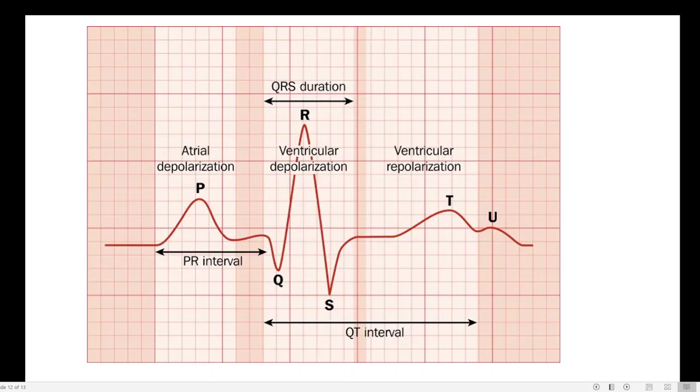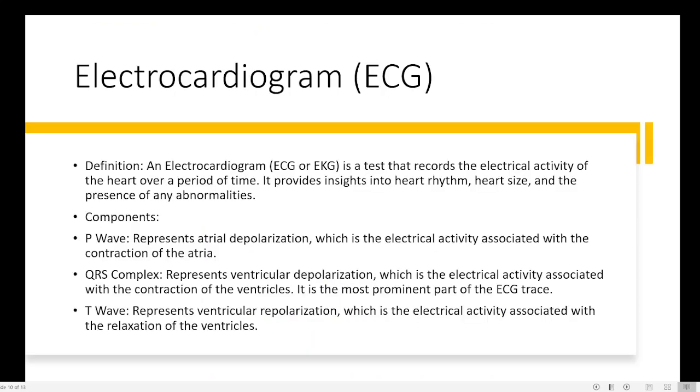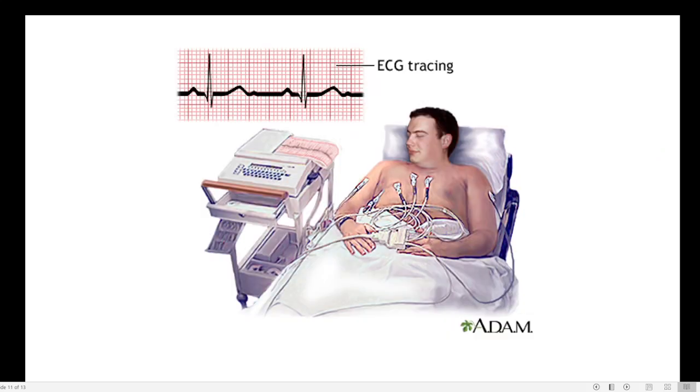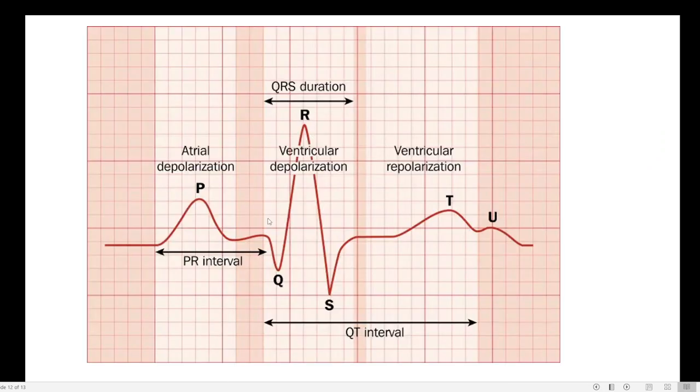That is the most important type of wave here. Here you can see that this prominent peak, this highest wave, is known as the QRS wave. So the QRS wave is showing ventricular depolarization.